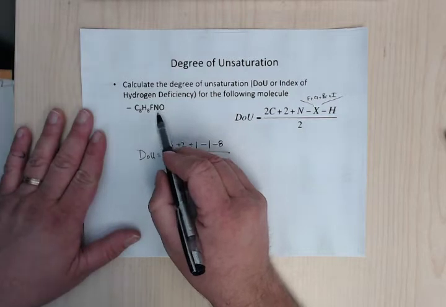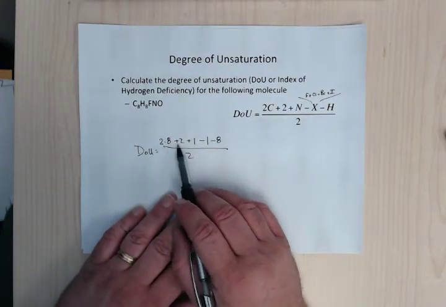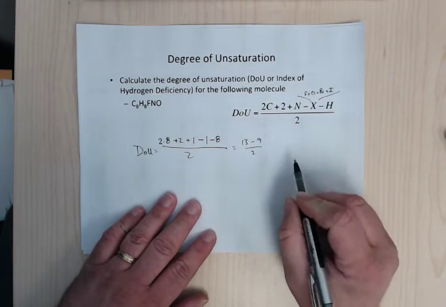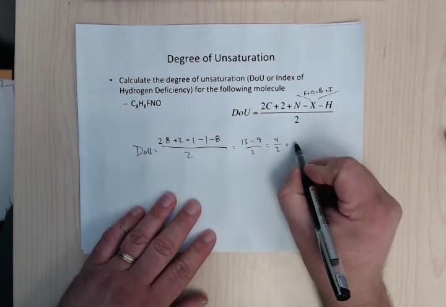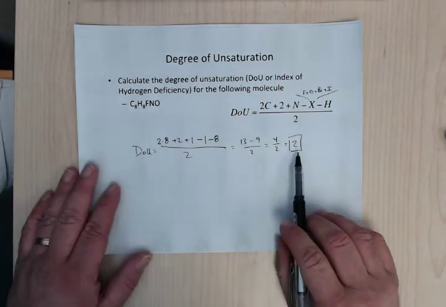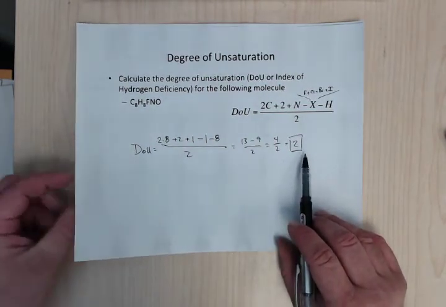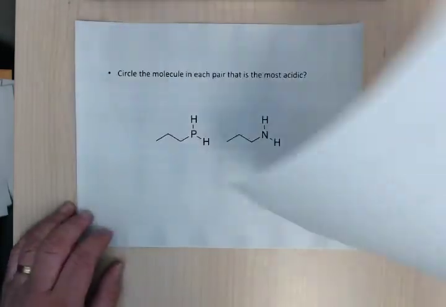Notice even though the oxygen's in here, it's not part of the equation, it does not matter. Okay, so here it's 10, 12, 13, so it would be 13 minus 9, which is 2. So this ends up being 4 halves, which ends up being 2. So it's got either 2 pi bonds, a pi bond and a ring, or 2 rings in it. So there you go.